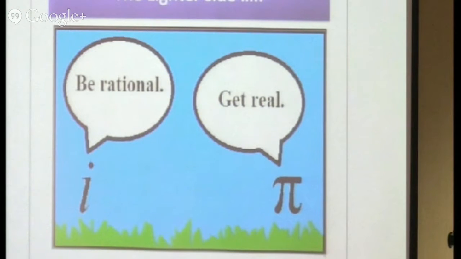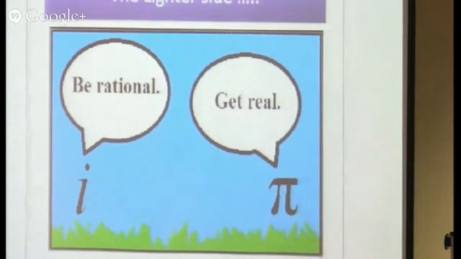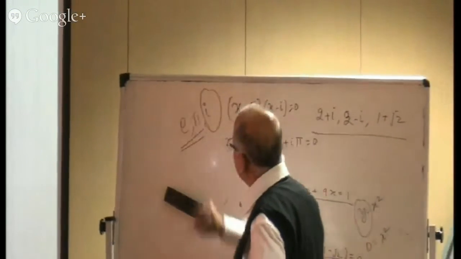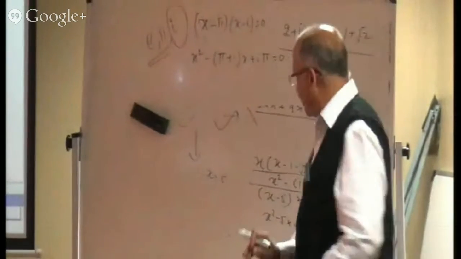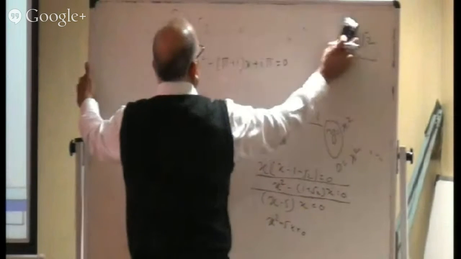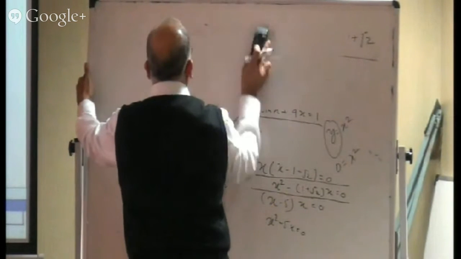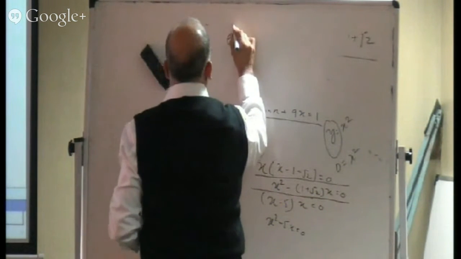In fact, there's another thing, e raised to power iota pi. Pi and e are irrational numbers and iota is an imaginary number. But together they form a beautiful number. Do you know that? You know this expression, e raised to power iota theta?